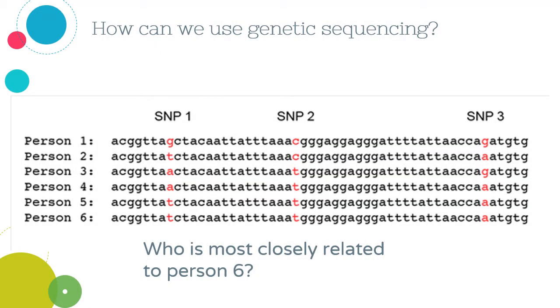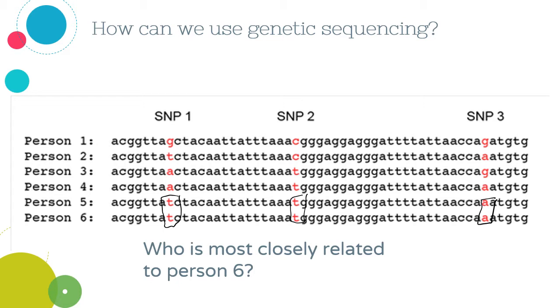We can also ask the question, who's most closely related to person 6? And as we saw, person 5 shares all 3 of these mutations. So it's the same spot and it's the same mutation. So given that information, it's highly likely that these 2 people are more closely related.